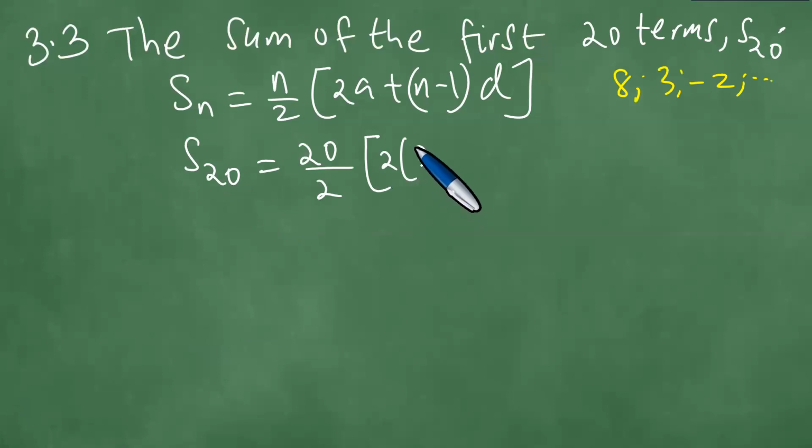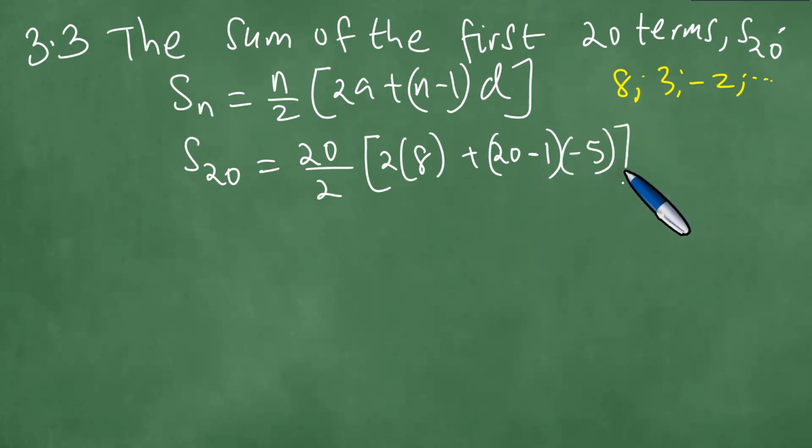So A is the first term, 8. The common difference is minus 5. What do you think it is? Minus 5, the common difference. Well done.